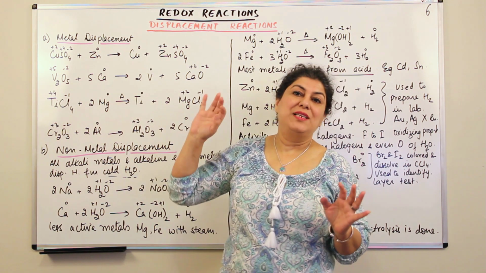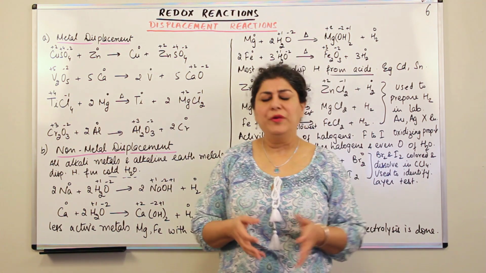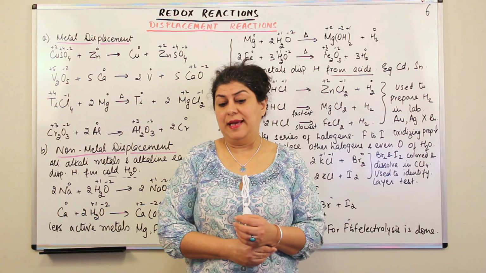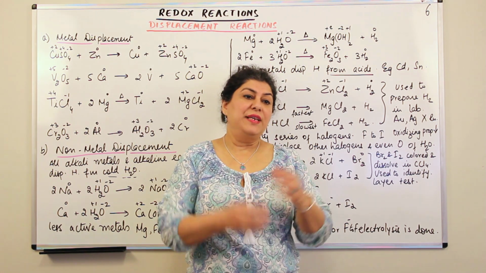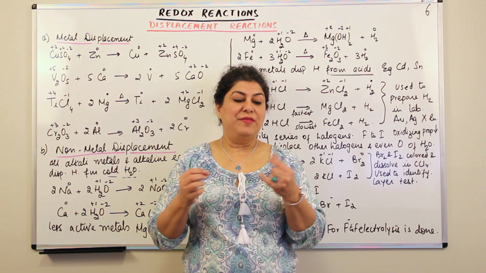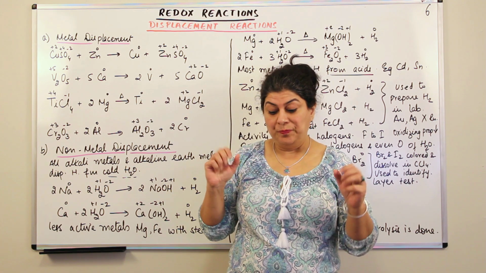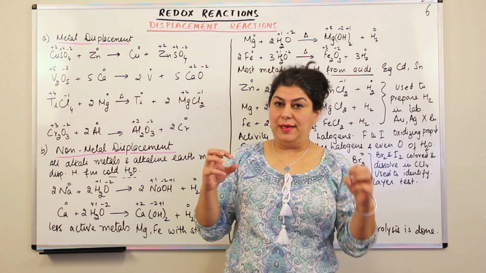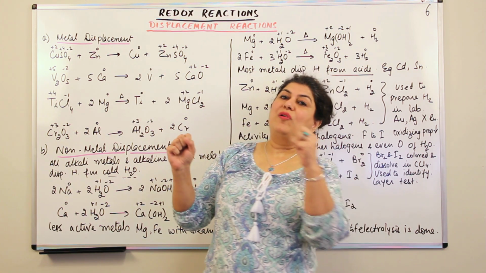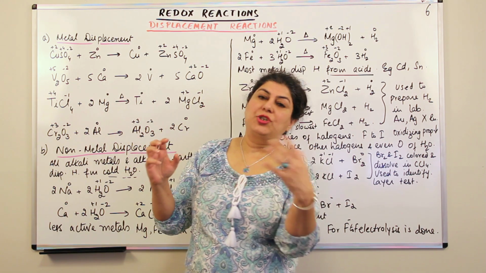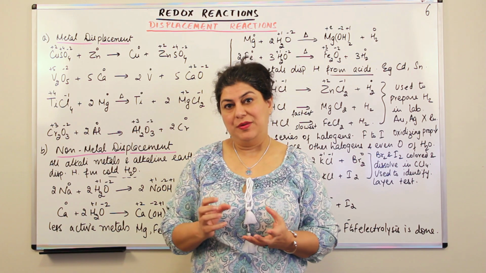What is a displacement reaction? You've already studied the kinds of chemical reactions in class 10, where you did the different categories of chemical reactions, and you have studied the displacement reactions. When one metal takes the place of a metal atom in its salt solution, the reaction is known as a displacement reaction.